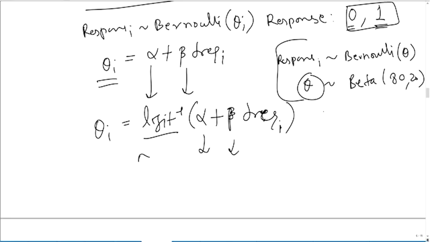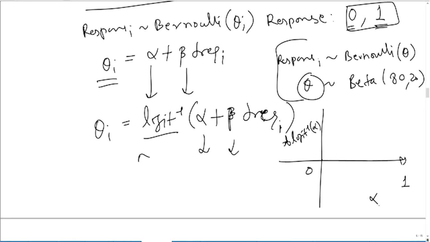So let me draw it here. So if this is 0, this is 1, you have theta on x-axis and logit theta on y-axis, or the other way around, let's say, okay, fine, it's inverse logit here, inverse logit of alpha.